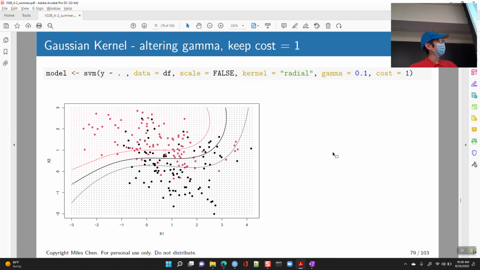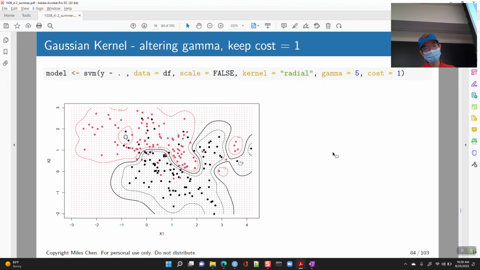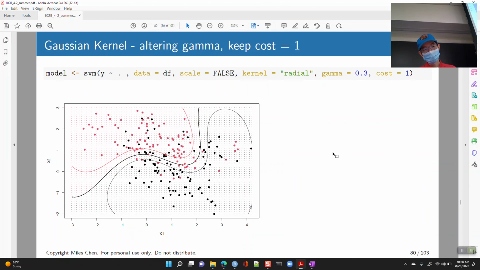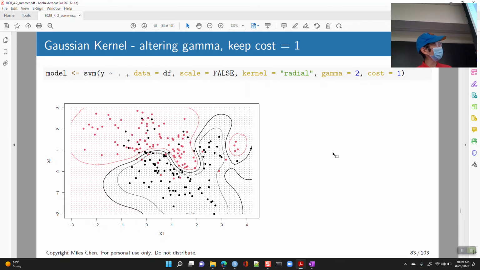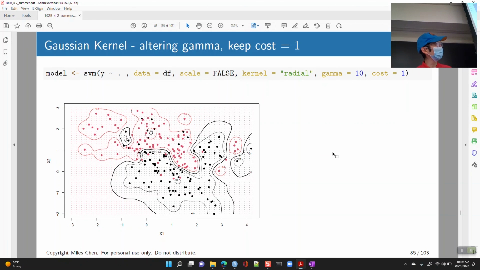Where does this boundary get drawn? It's probably not going to be subject to the random sampling here, right? So the lines get a lot smoother, and over here the lines get a lot tighter, right?